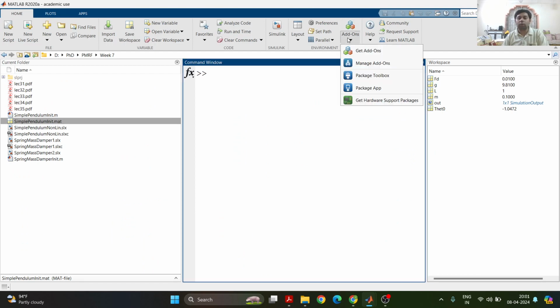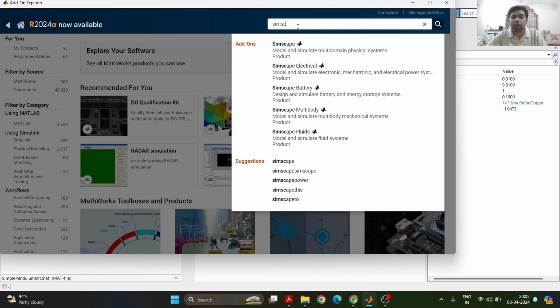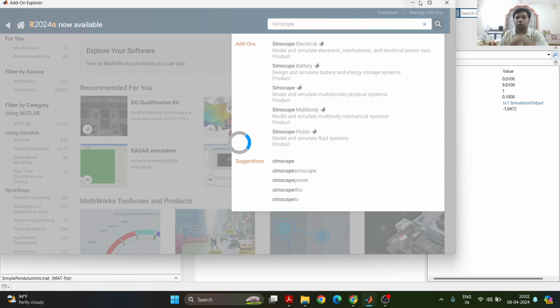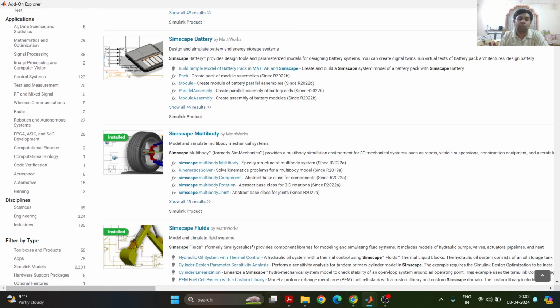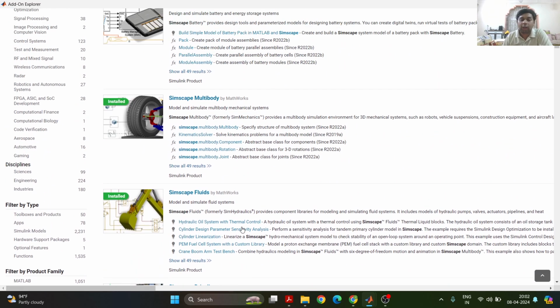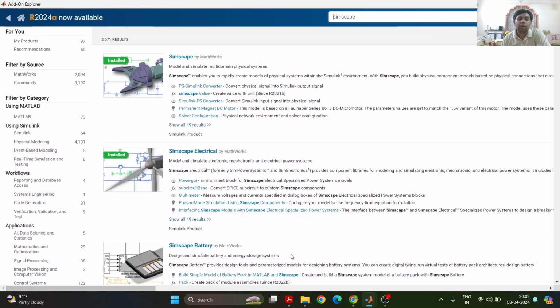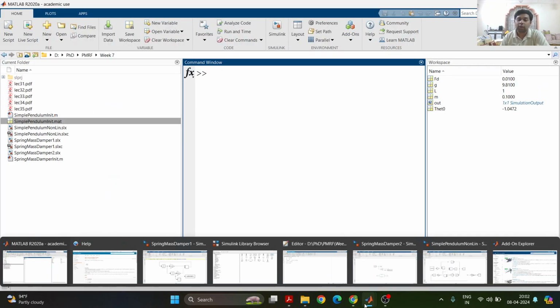You can see there are multiple Simscape toolboxes for different analysis domains, like fluid mechanics, driveline dynamics, multi-body dynamics, electrical, etc. You can get those toolboxes using the Add-On option, and once installed, you get access to Simscape.